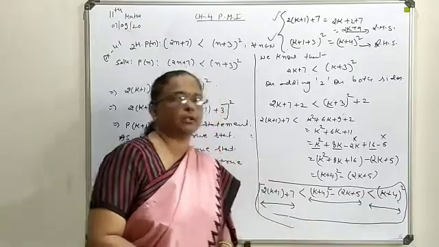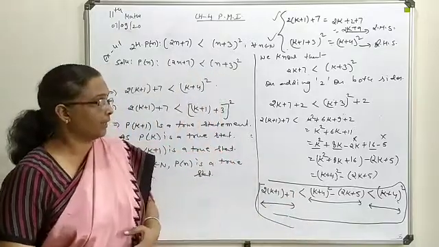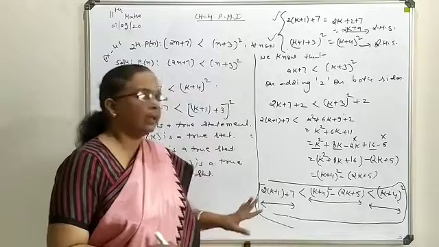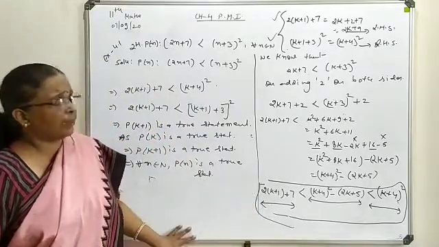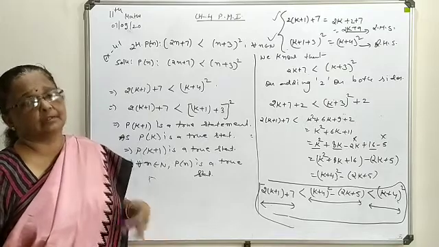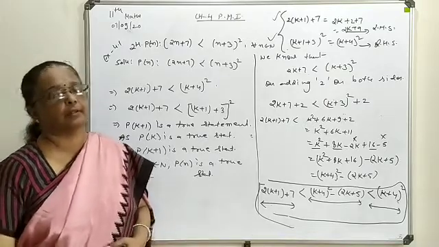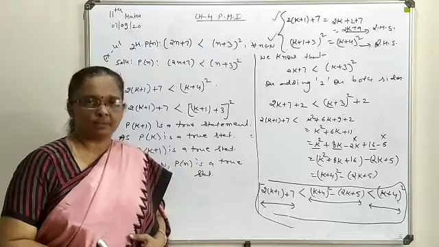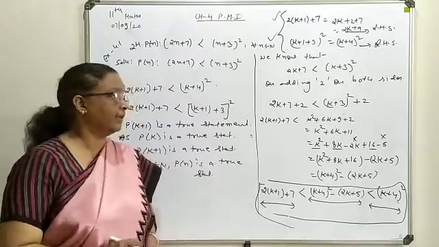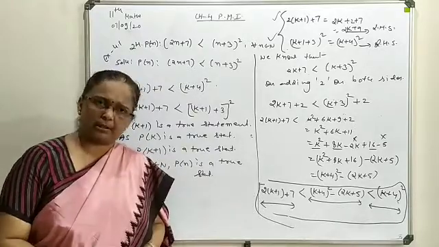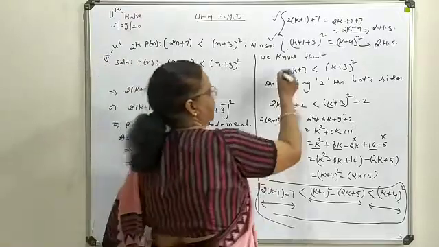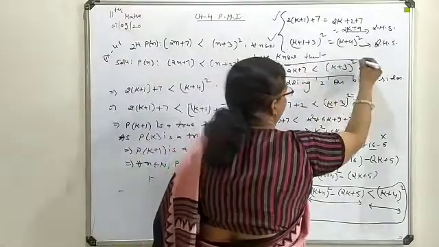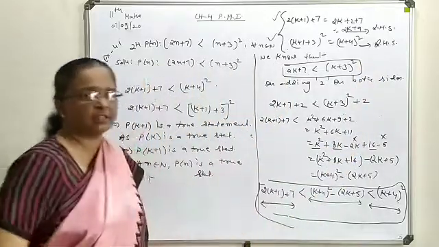One or two illustrations are available in the same category, so don't be confused. In those questions, some solutions are written as a multiple form, some questions are written as an inequality form. And normally when you are talking about an inequality solution, at that time P(k) we have taken as a reference point.